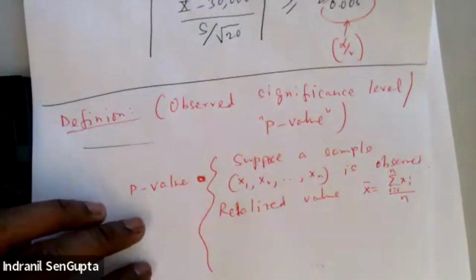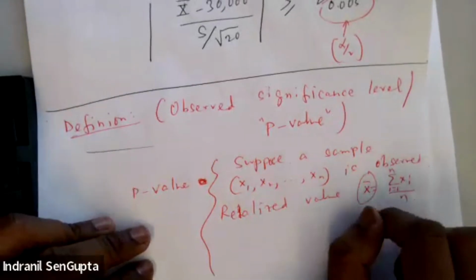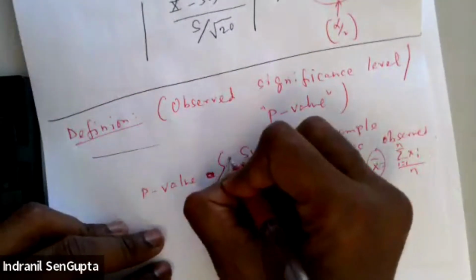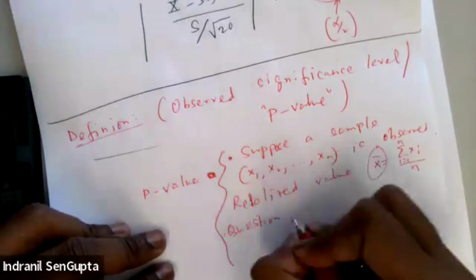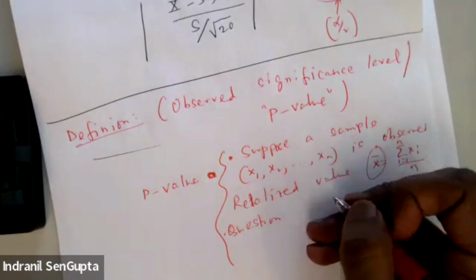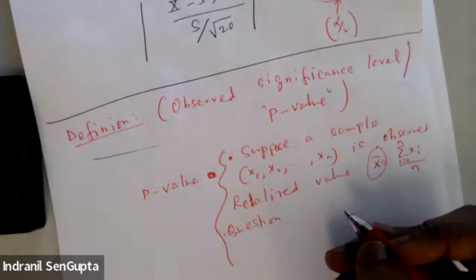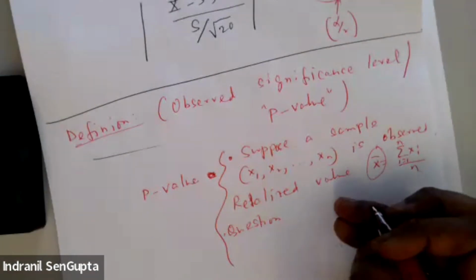So I take the sample, so the X bar is a number. We ask the question: is this X bar that we computed sufficiently large to reject H0 in favor of H1?